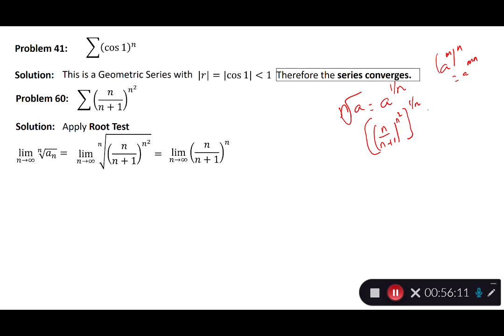Cool? All right. So what now? What's the limit of this one? I would be really impressed if someone can tell me what the limit of this would be. All right.